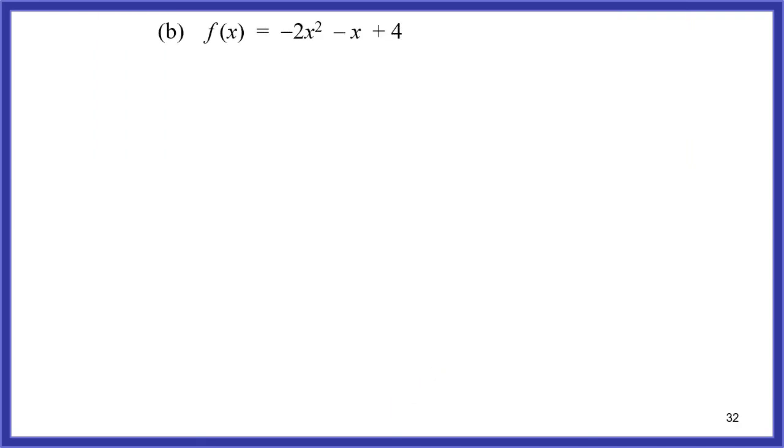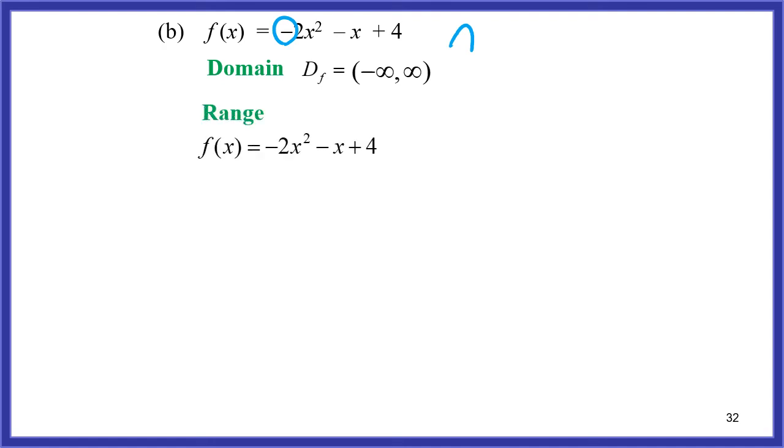For question B, f(x) equal to negative 2x squared minus x plus 4. This is basically a sad graph because we have a negative constant in front of the x squared. What we need to do first is to find the domain and range. The domain is from negative infinity up to infinity. How about the range? We need to complete the square for f(x) equal to negative 2x squared minus x plus 4.